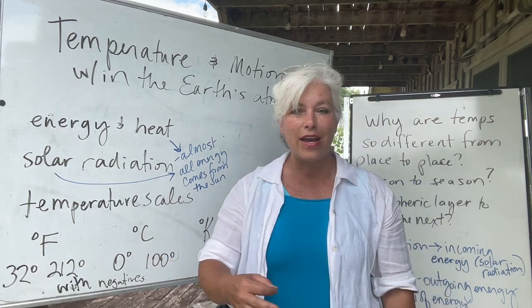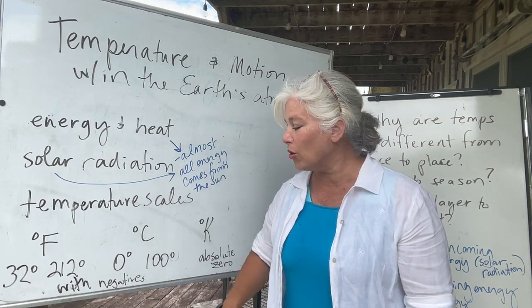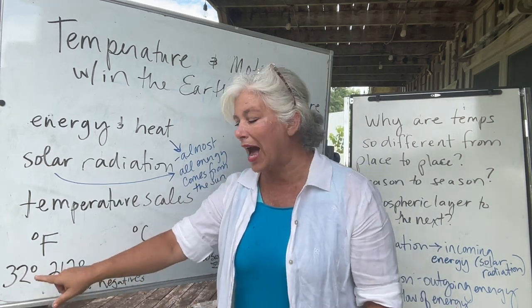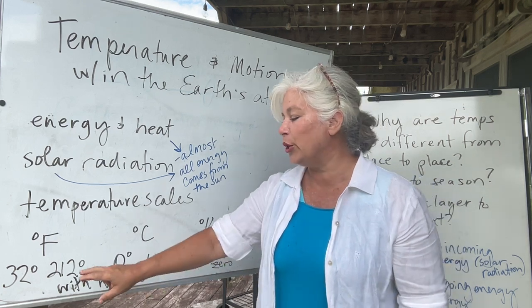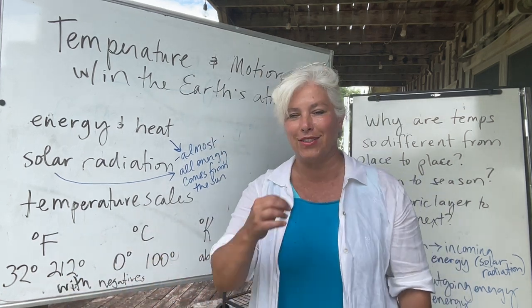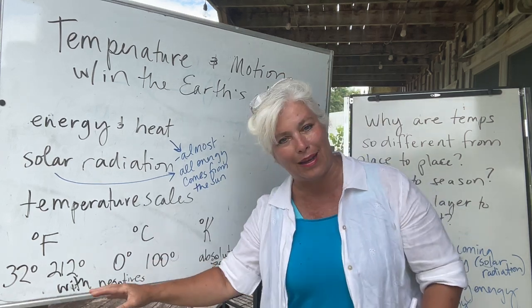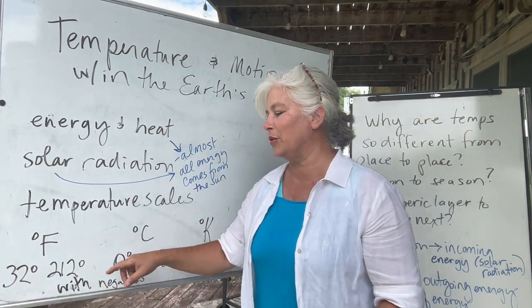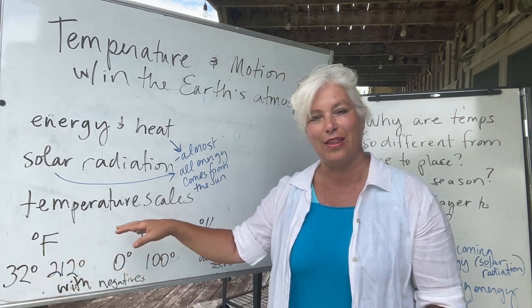Celsius is another very commonly used temperature measurement system throughout the world, and 32 Fahrenheit and 0 degrees Celsius are equal to each other, and 212 Fahrenheit and 100 degrees Celsius are equal to each other. And so there's a conversion formula that we can use to get from one measurement to the next.